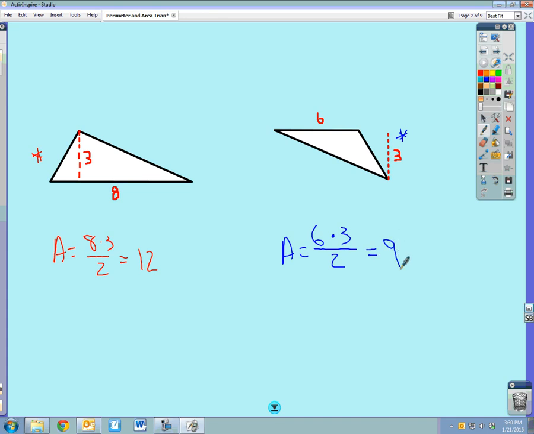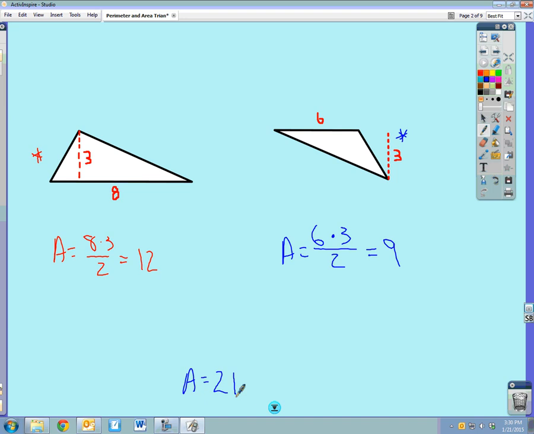So the area of the whole trapezoid altogether would be the first triangle and the second triangle together. The total area would be 21. There you go, Hunter. You're welcome. And so the area of that trapezoid would be 21.